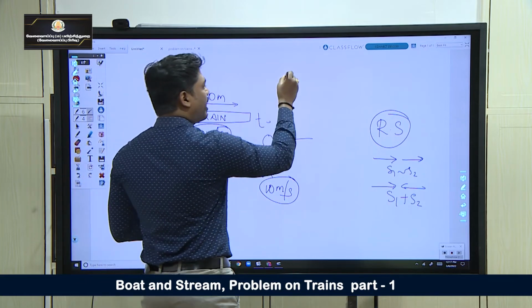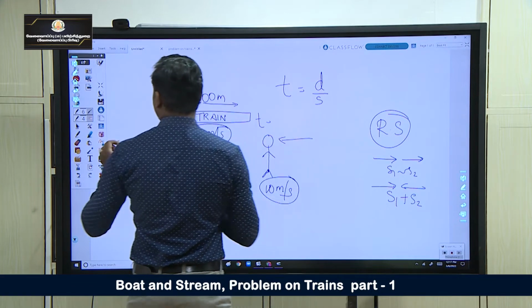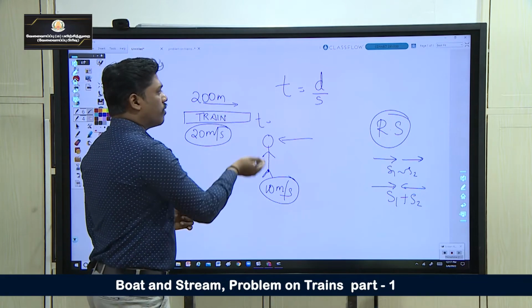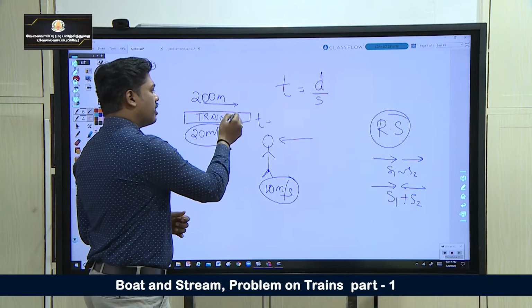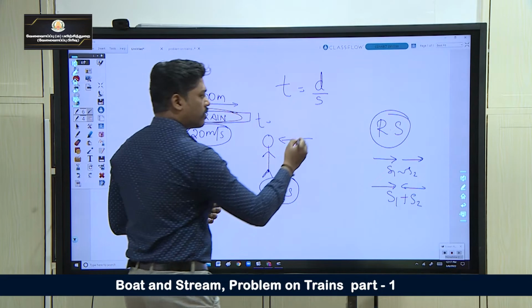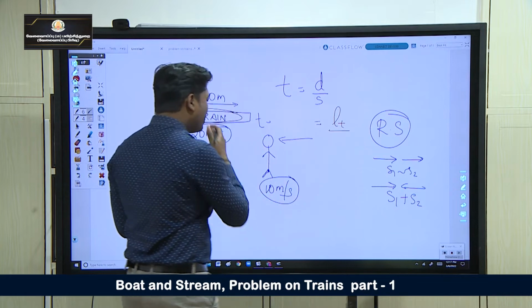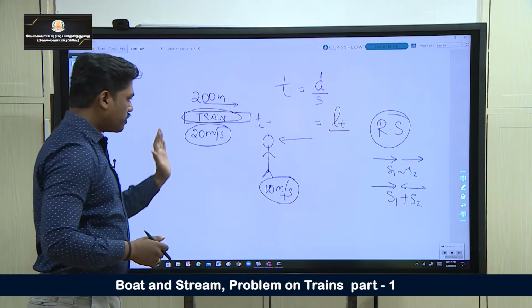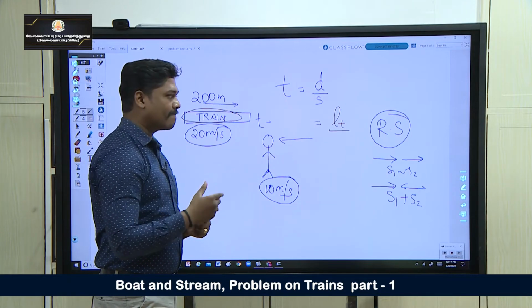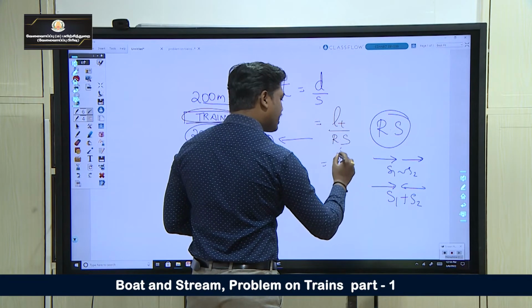What is the time taken? Time is equal to distance by speed. So what is the distance here? Distance here is the length of train. Man has no length. So distance is length of train divided by, who is having speed here? Train is also moving, it is having some speed. Man is moving, having some speed. So divided by relative speed. In which direction are they moving?